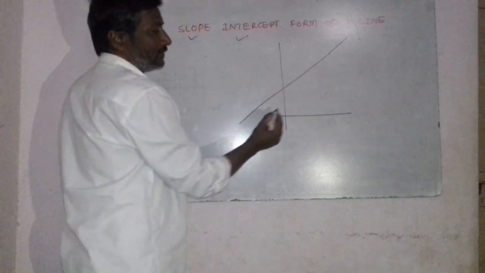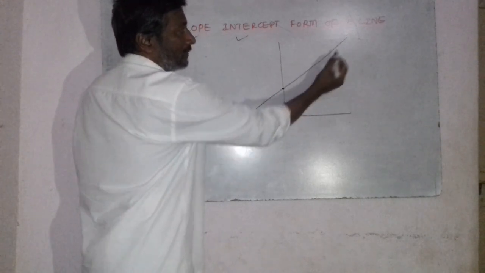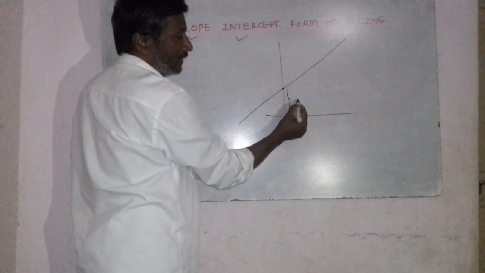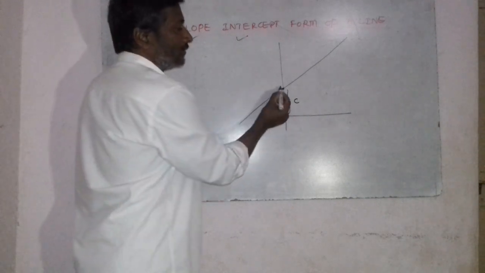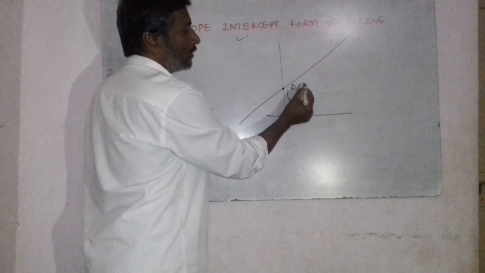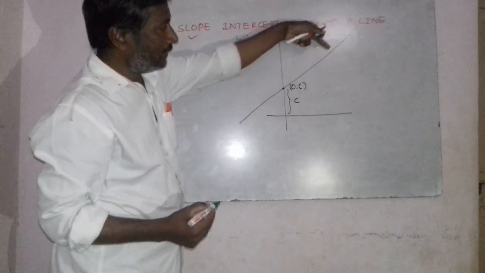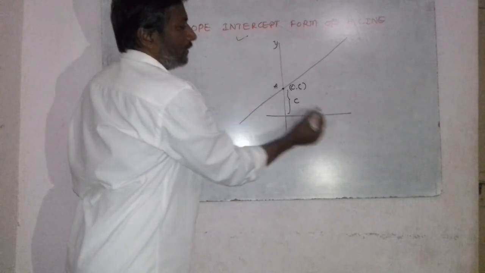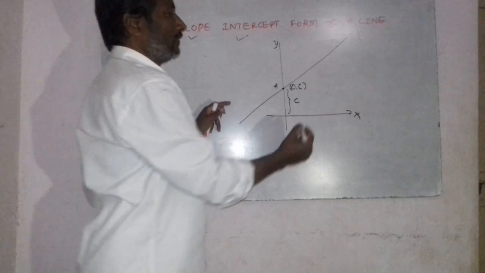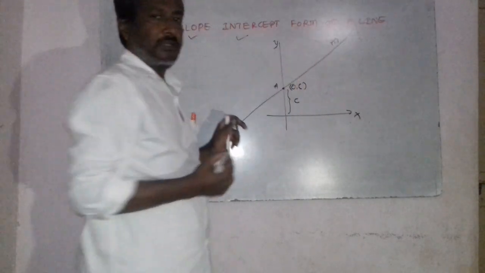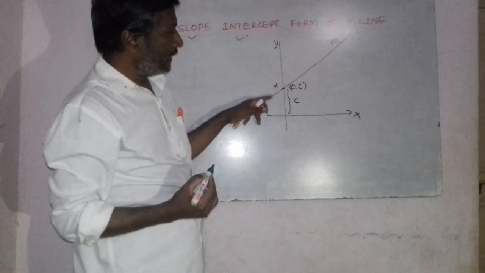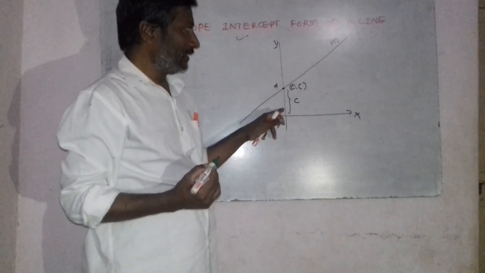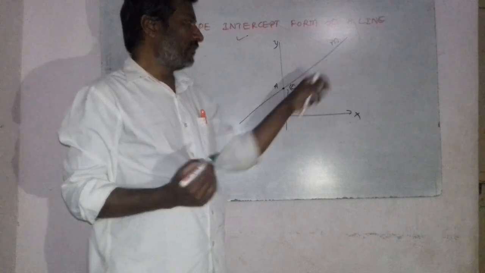The line makes a y-intercept, so let us call this C. Therefore this point is 0 comma C. The straight line cuts the y-axis at A at a distance C, and whose slope is equal to m.